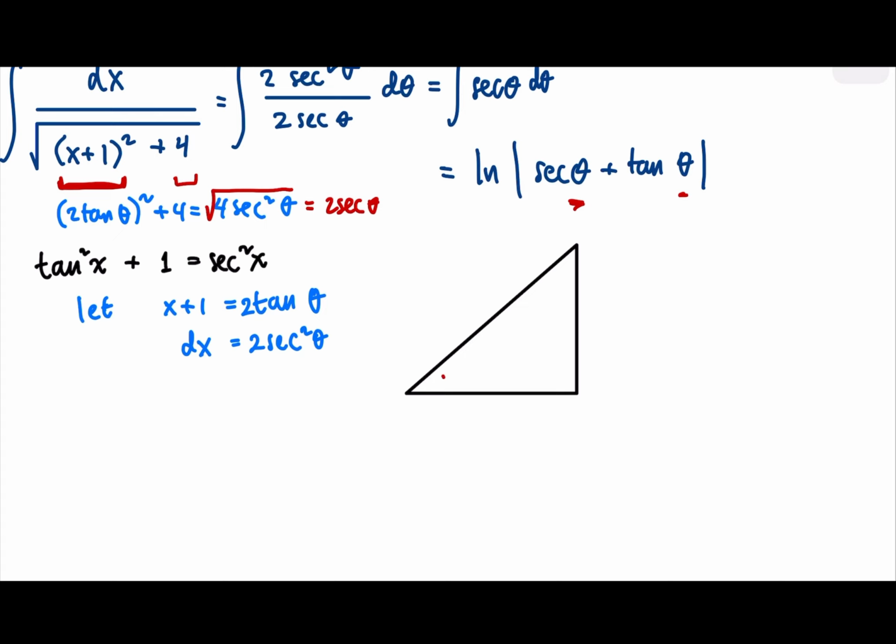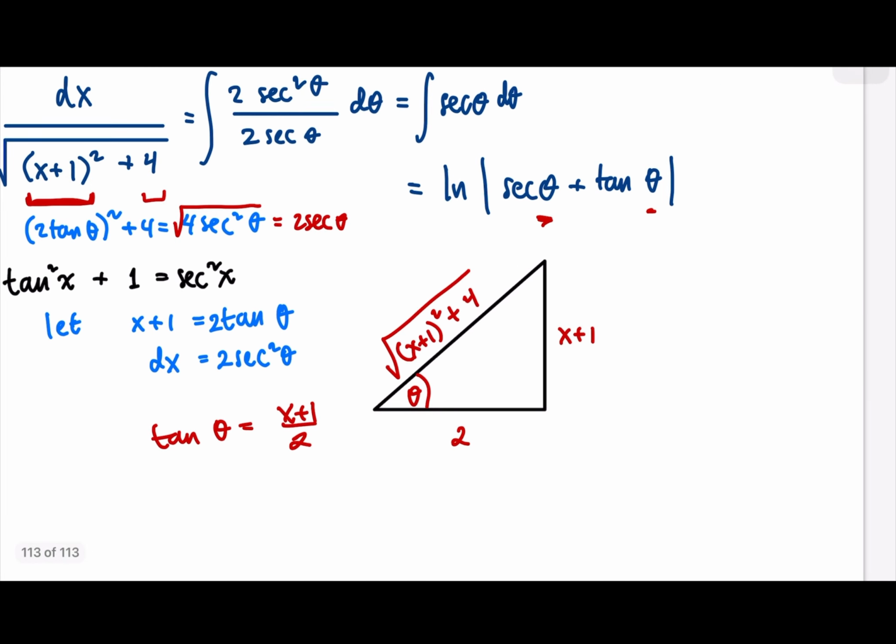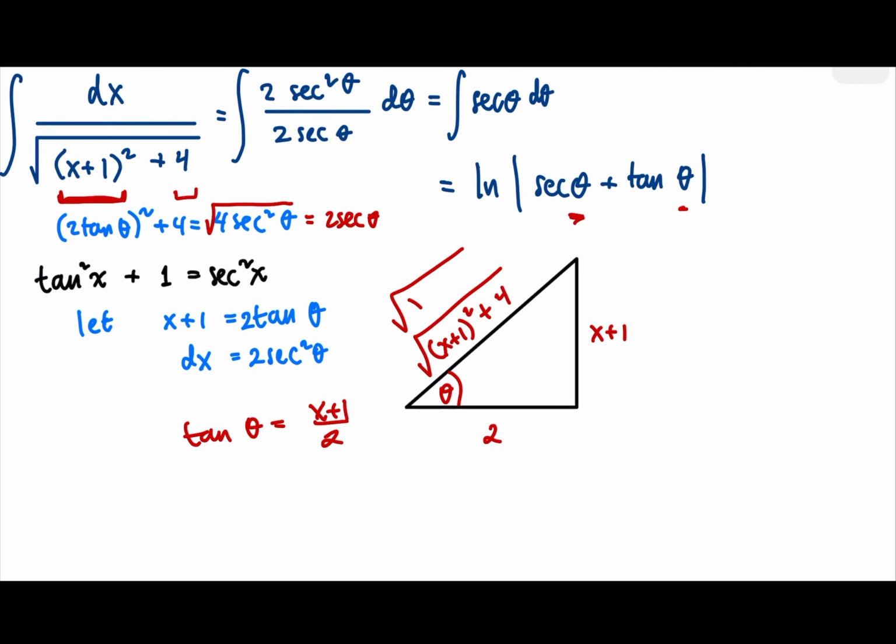Okay, we have a theta, and tangent theta is x plus 1 over 2. So x plus 1 here and 2 is here, and this is plus 4, or this is our question actually, so this is x squared plus 2x plus 5.